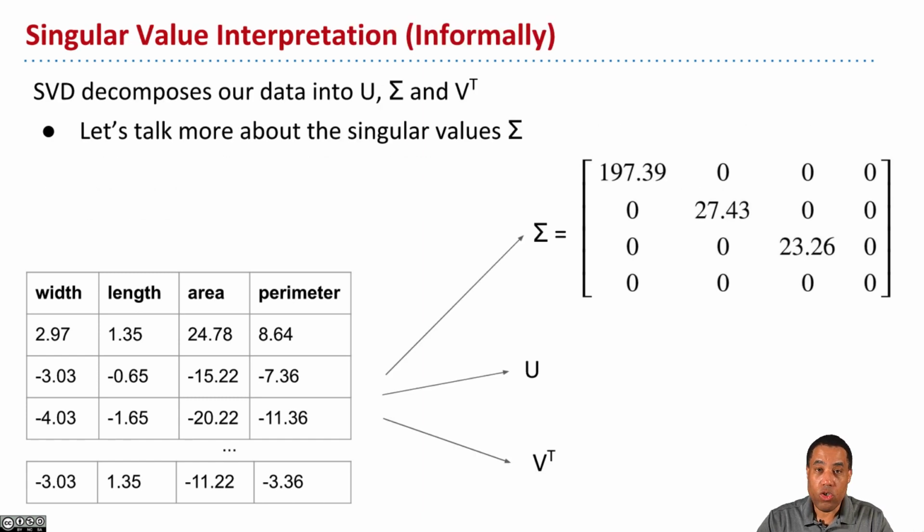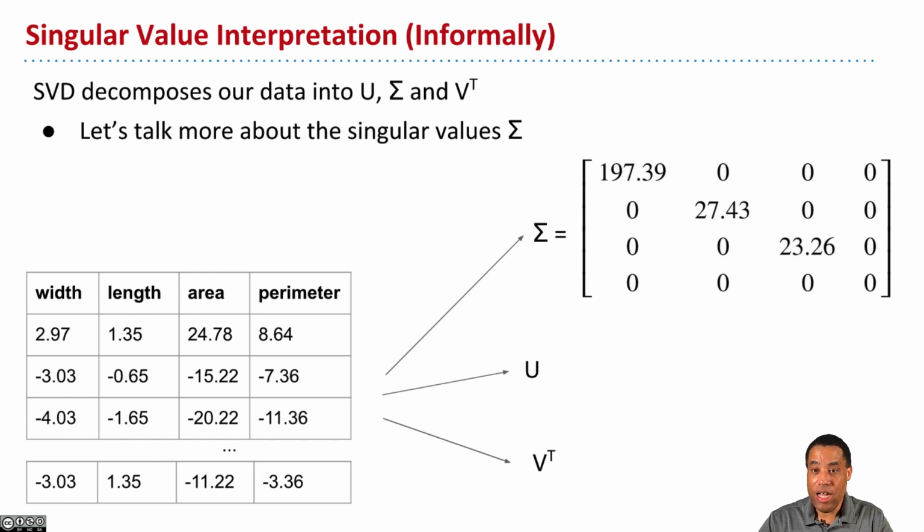Okay, so let's first informally look at what singular value decomposition tells us. It gives us these matrices U, sigma, and V transpose. So let's look at the singular values that we see in our sigma matrix. So here we have our sigma matrix. We can see that the first column has a singular value of 197.39.